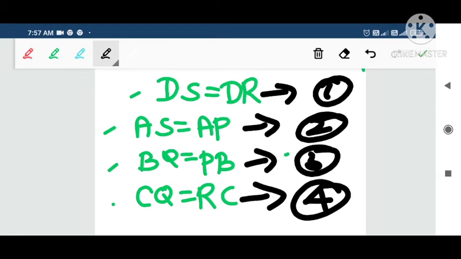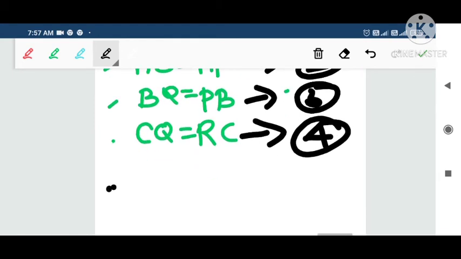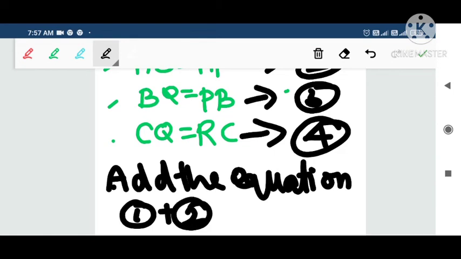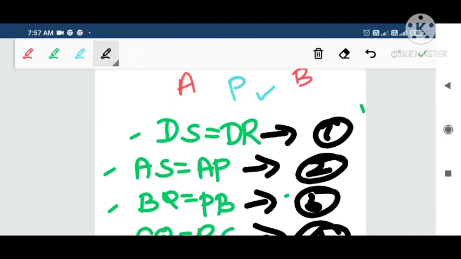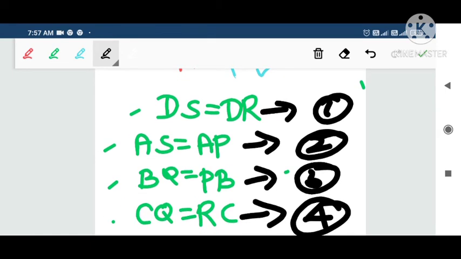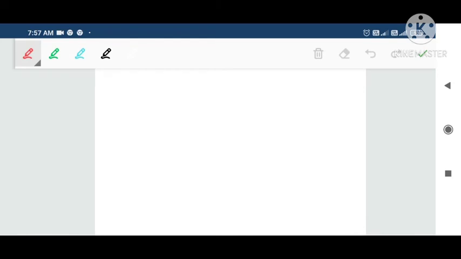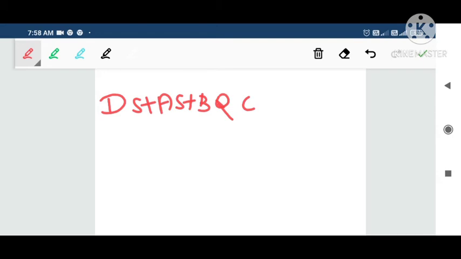I add all these 4 equations: equation 1 plus equation 2 plus equation 3 plus equation 4, which implies that on the left hand side we get DS plus AS plus BQ plus CQ.